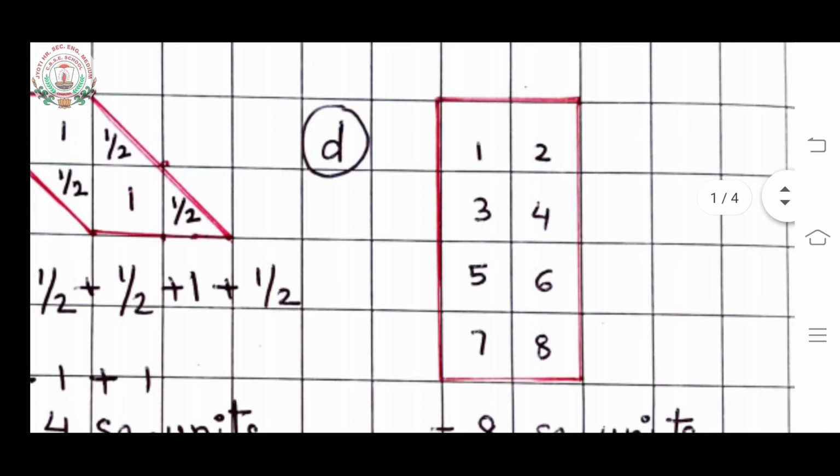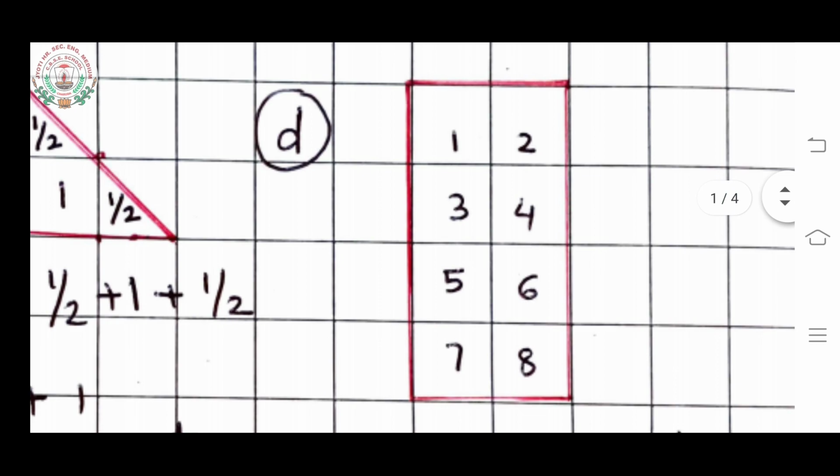Yes, this question it is looking like a rectangle. So rectangle means what? Two boxes at the top, and at the side four boxes are there. So you can say 2 centimeter breadth and 4 centimeter the length, or you can say length 2 centimeter and breadth 4 centimeter.